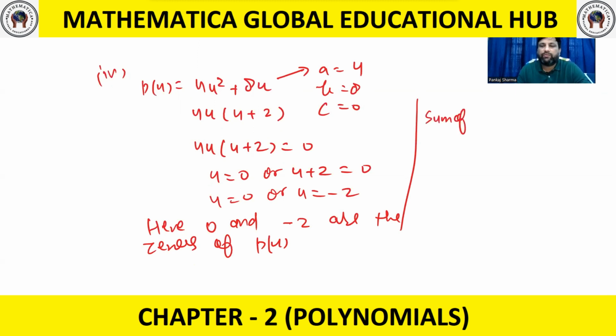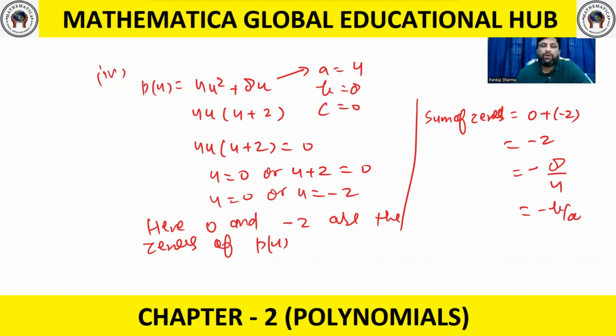The sum of zeros is 0 + (−2), which is −2. And here b is 8 and a is 4, so we can write −2 as −8/4. The sum of zeros is −b/a. In that way we can verify the relationship.